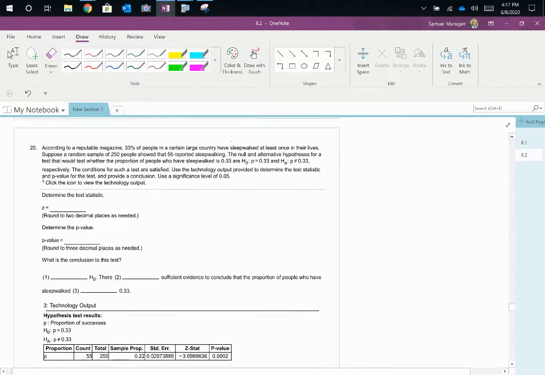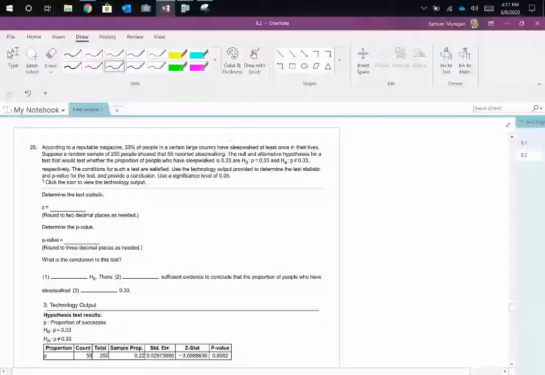Question 20. And here they give us a printout of a calculation. According to a reputable magazine, 33% of people in a certain large country have sleepwalked at least once in their lives. Suppose that a random sample of 250 people showed that 55 reported sleepwalking.